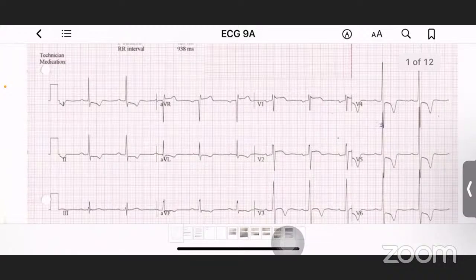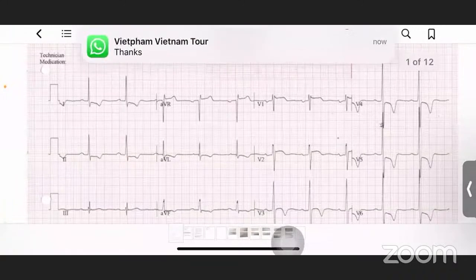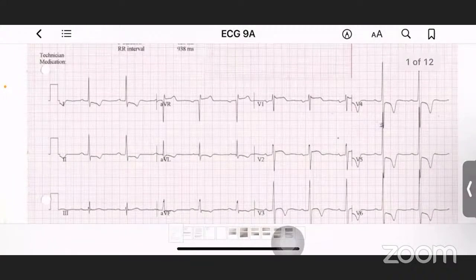And then there is ST depression in lead 1. So you group them, 1 and AVL. AVL you see or not? Yes, AVL also has T inversion. Lead 1 also has T inversion, and then V3 up to V6. So this one is anterior, septal, and lateral. Then you look at 2, 3, AVF, the inferior leads.